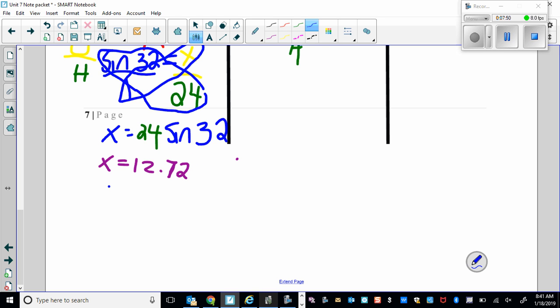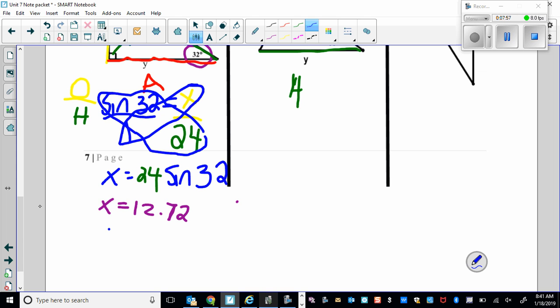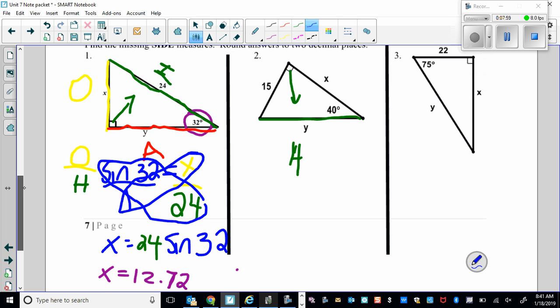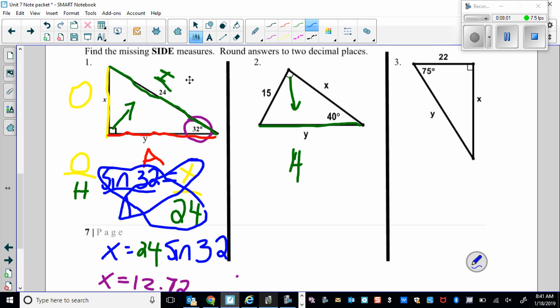Okay, so now you have a choice. I wanted to solve for y, so I can choose to do it either way. Now x is 12.72, right? So I can either do a squared plus b squared equals c squared, because now I have two sides, or I can use the trig ratio again, because I'm looking for the adjacent side and I'm given the hypotenuse.